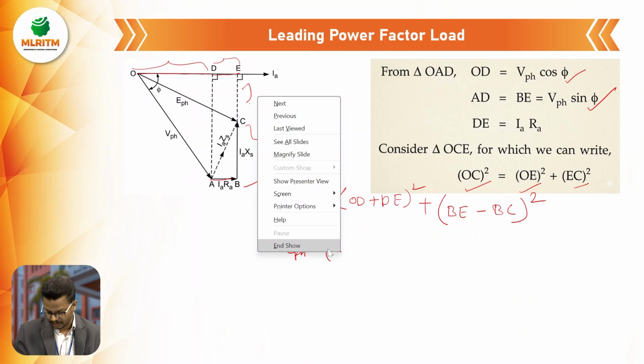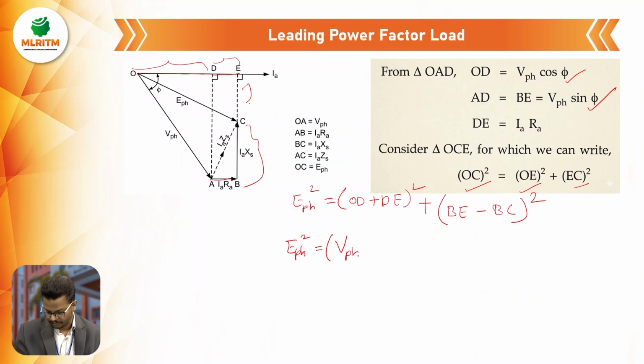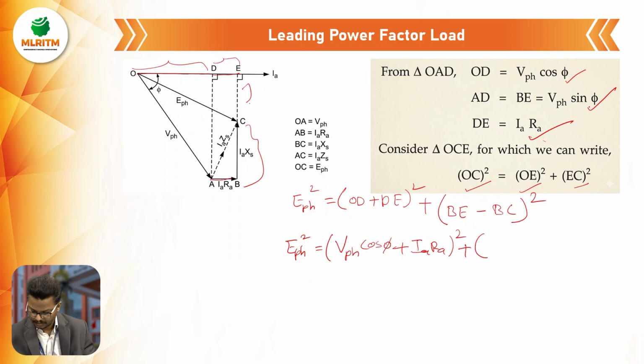Now E phase square equals, what is OD? OD is nothing but V phase cos phi, plus what is DE? We know DE is equal to IaRa, plus what is BE? BE is nothing but V phase sin phi, minus BC.